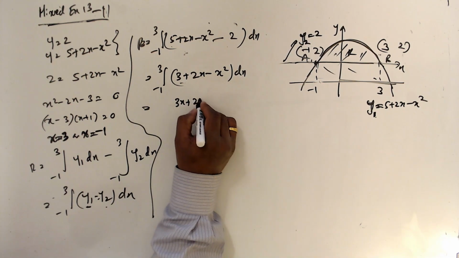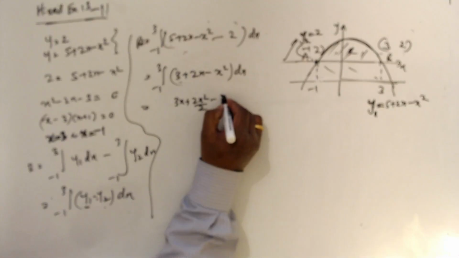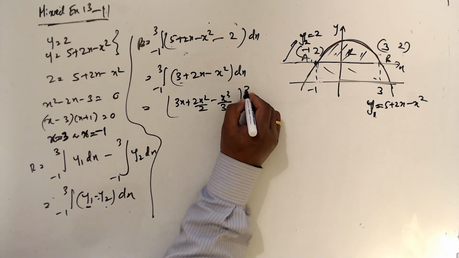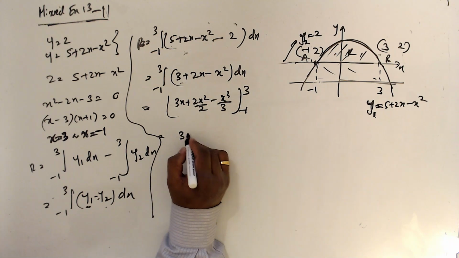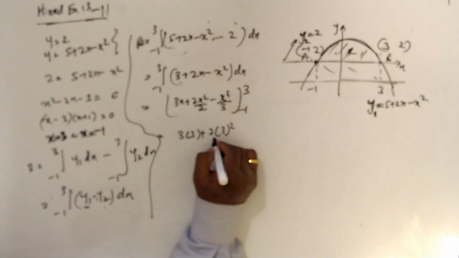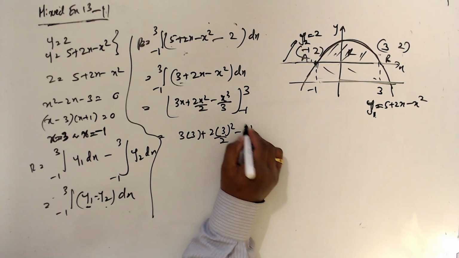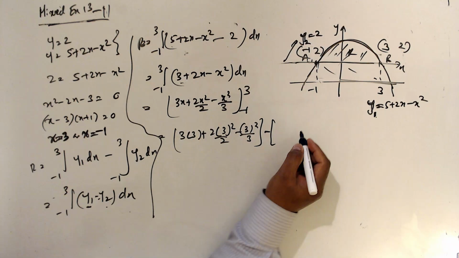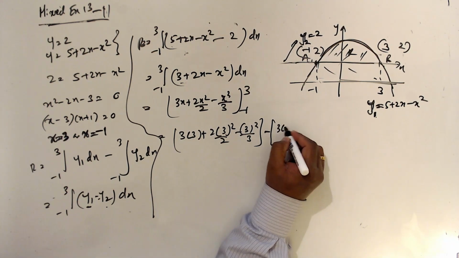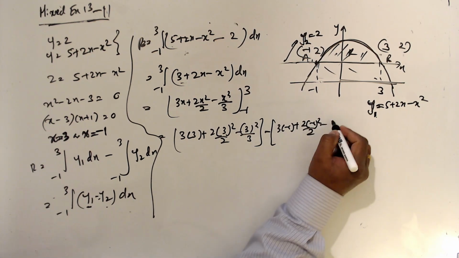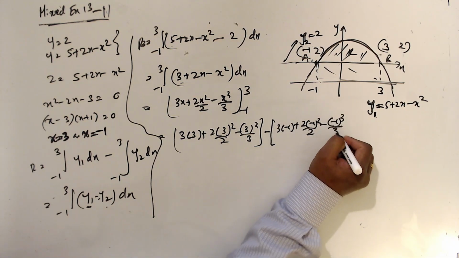Then 3x plus 2x squared divided by 2, minus x cubed divided by 3, from minus 1 to 3. So this is 3 times 3 plus 2 times 3 squared over 2, minus 3 cubed over 3, minus, this is 3 times minus 1 plus 2 times minus 1 squared over 2 minus minus 1 cubed over 3.